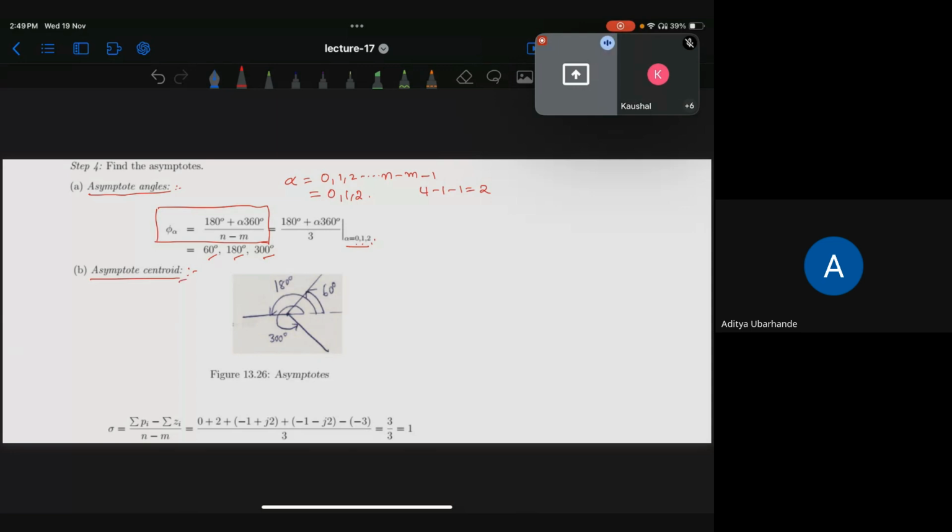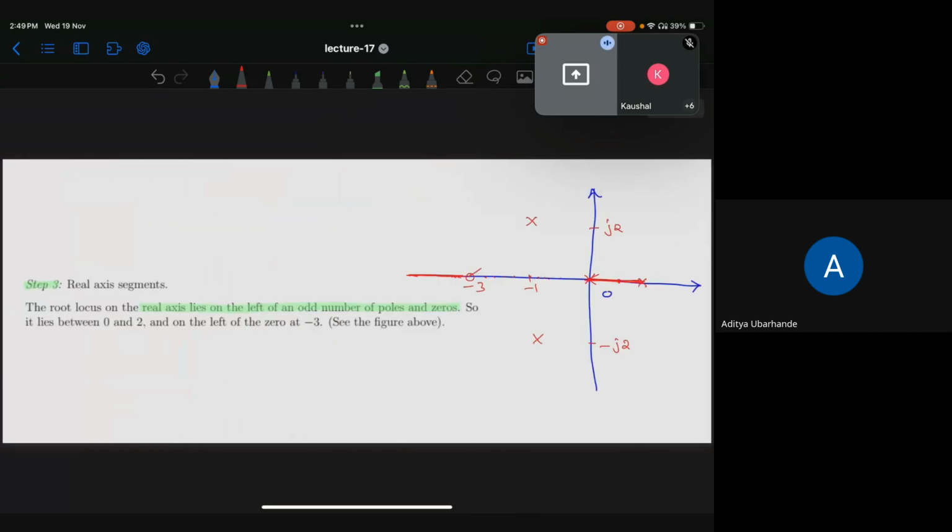Then the asymptote centroid. Using this formula, sigma is equal to the sum of the poles minus the sum of the zeros, divided by the number of poles minus the number of zeros. Here you are getting 1. So the centroid is 1 and the angles are 60, 180 and 300.